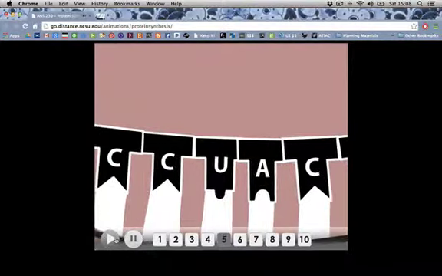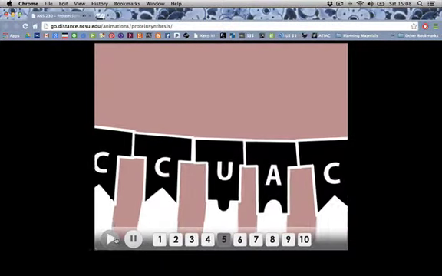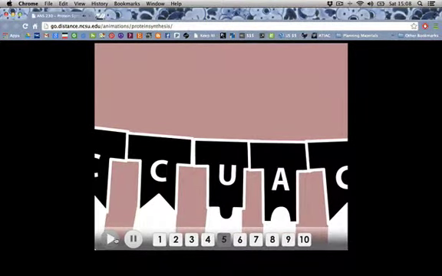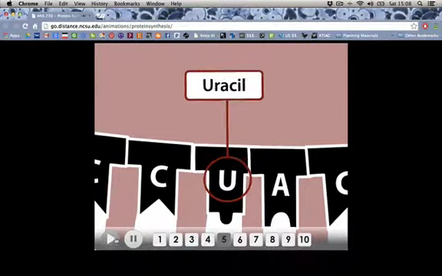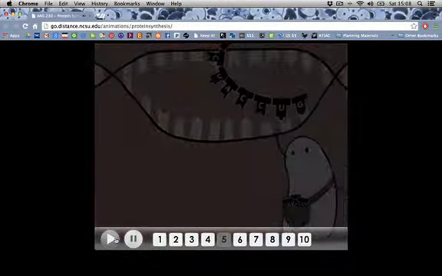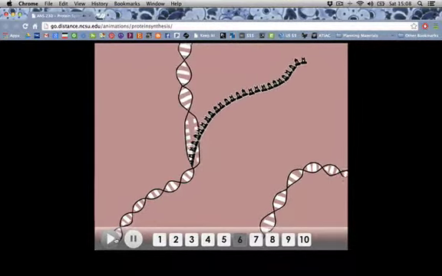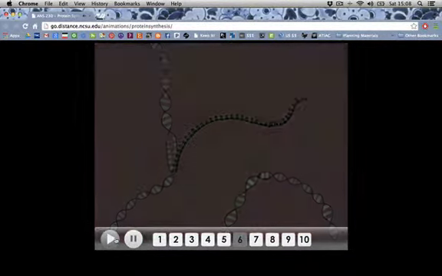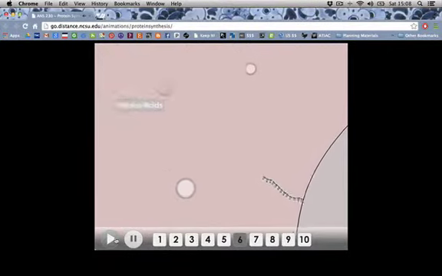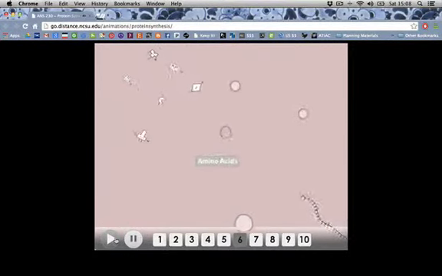The mRNA is composed of nucleotides similar to that of regular DNA. The only difference is that mRNA has uracil in the place of thymine. Once the DNA has been copied or transcribed, the mRNA leaves the nucleus and enters the cytosol. Here also are the amino acids for protein synthesis.